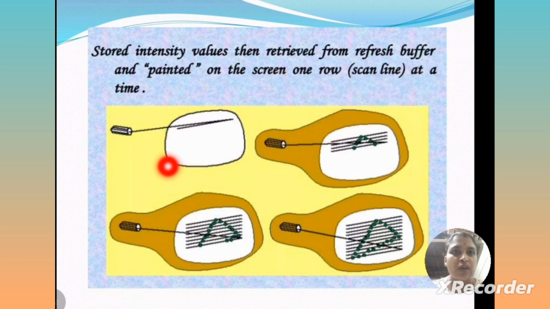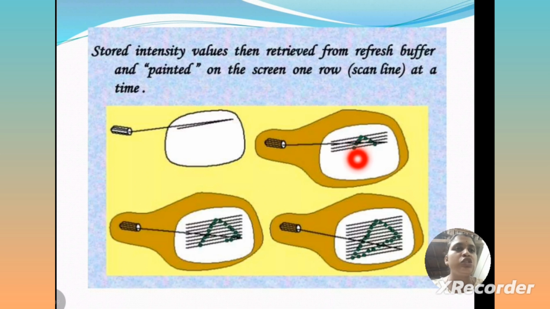So consider this one. This is my electron gun. My electron gun is going to produce a beam of electrons which is going to pass across this screen one row at a time. So first I'll be completing this row and getting back to the start of the next row, and then the next row will be scanned. So this is how my electron gun and beam of electrons is going to operate.